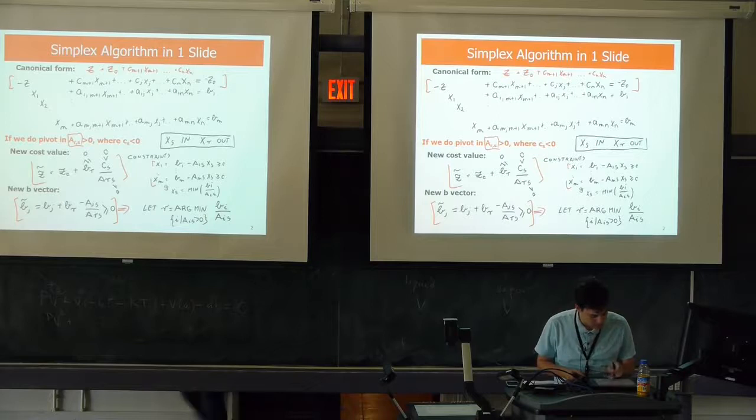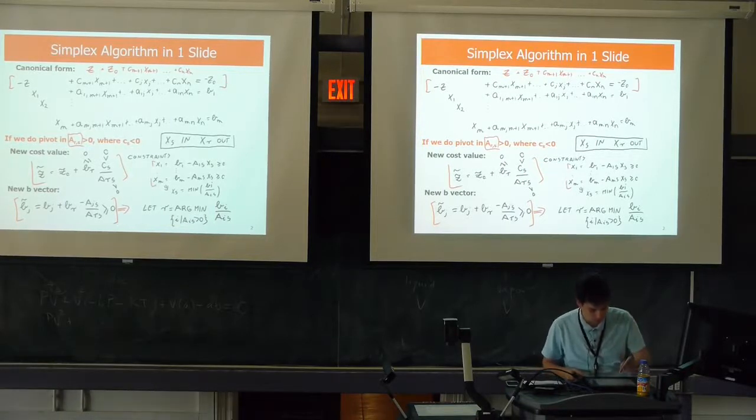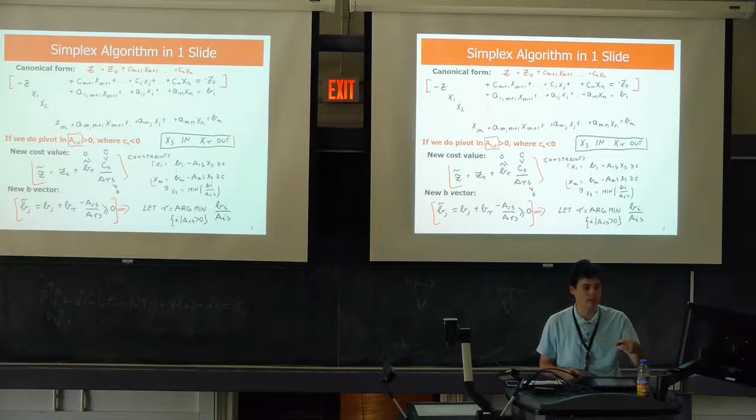And you can check in this equation, if the non-basics are all 0 except x_s that we are going to bring into the basis, then of course x_1 is b_1 minus a_{1s} x_s. Right? So you can just read this equation. You know that here everyone is 0 except x_s that we want to bring into the basis. In other words, we increase the value of x_s from 0 to some positive number. So we have this constraint for x_1 and so on, and we have this constraint for x_m.